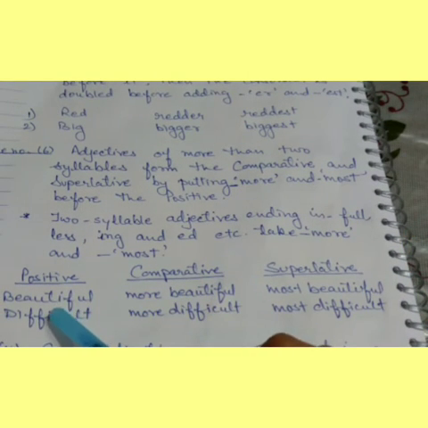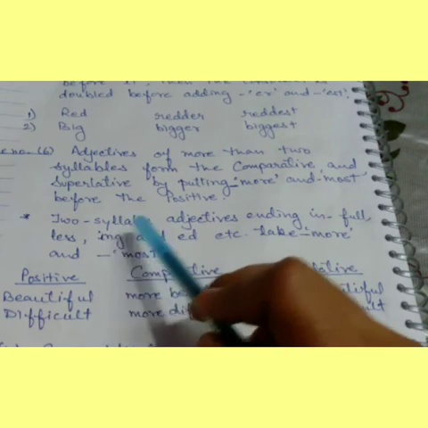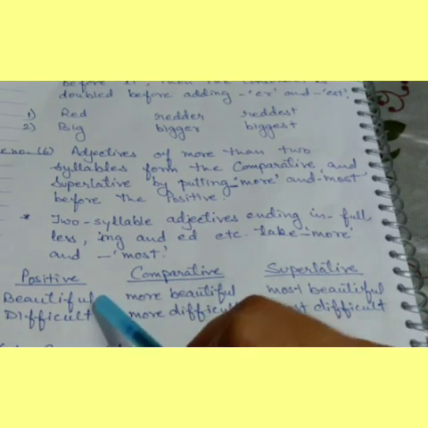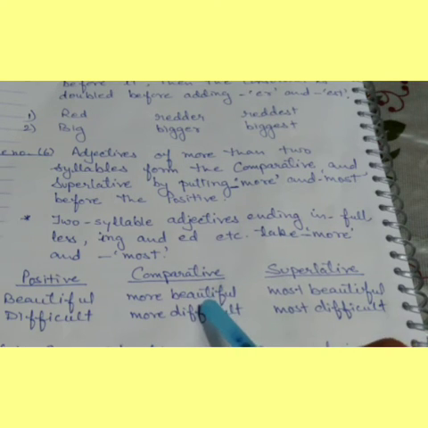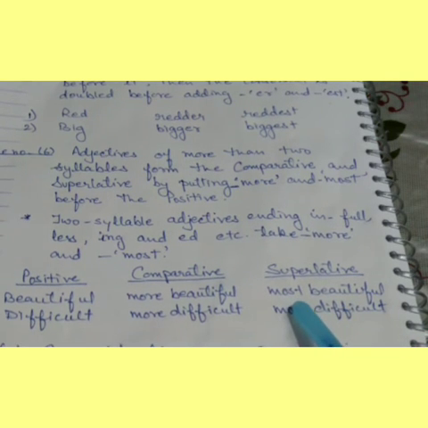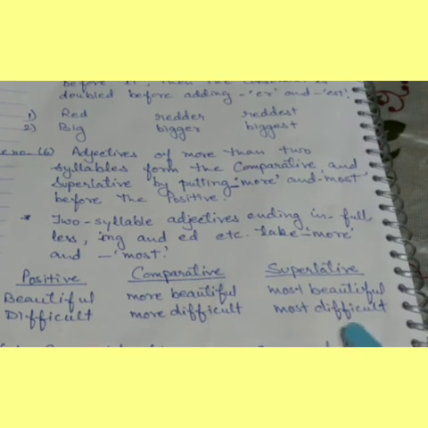Here you see beauty and full, beauty plus full. So when 2 syllables or more than 2 syllables are used, like beautiful, then you have to add more before the positive degree to form comparative, and most before the positive degree to form superlative. See, difficult, more difficult, most difficult.